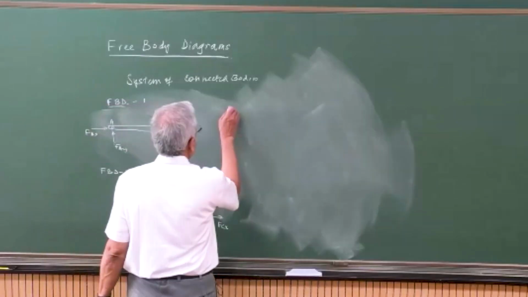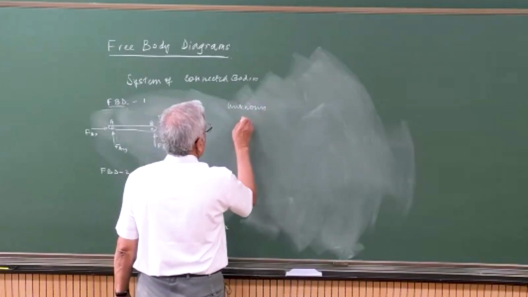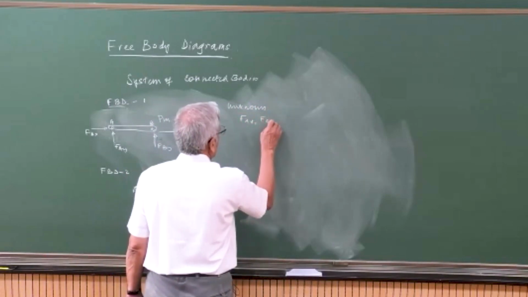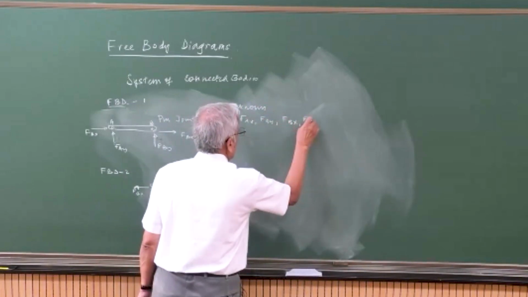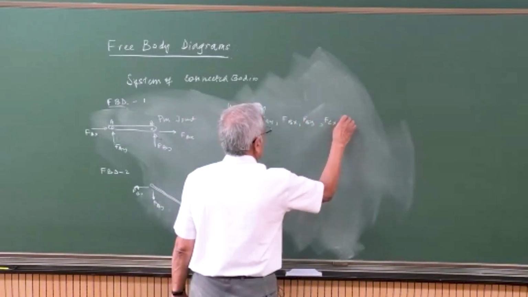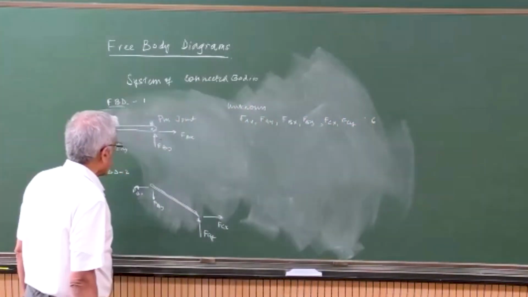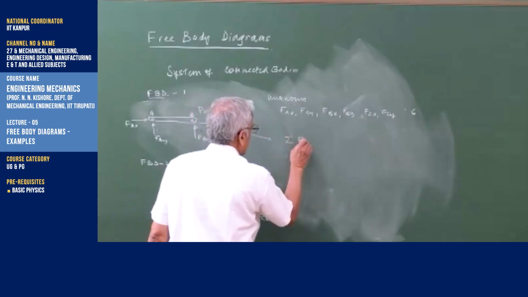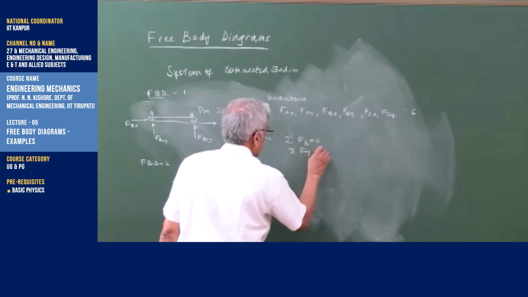So the unknowns here are Fax and Fay. So, and Fcx and Fcy. So these are 6 in number. And then we will get 2 equations, sigma Fx and sigma Fy, and M.